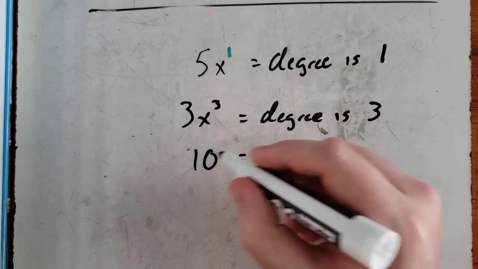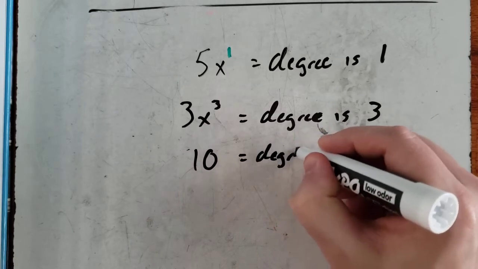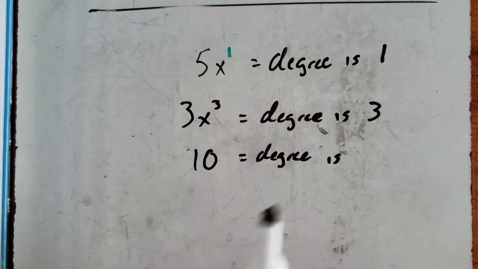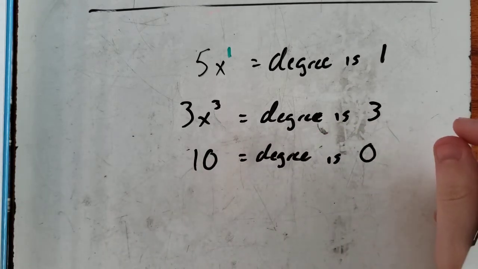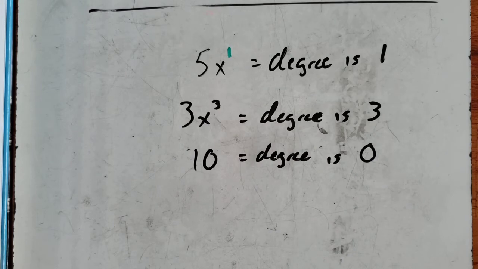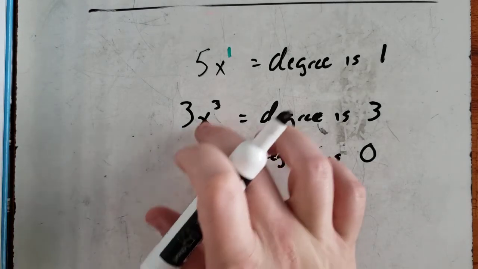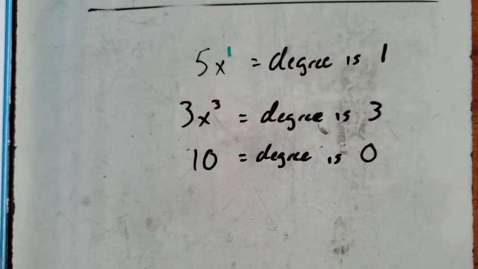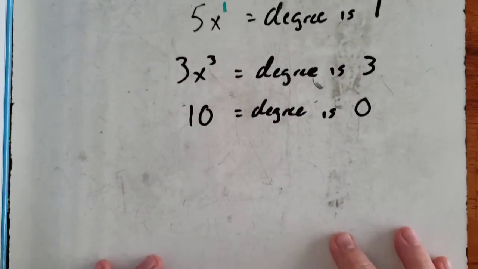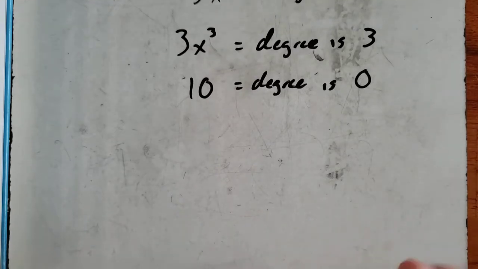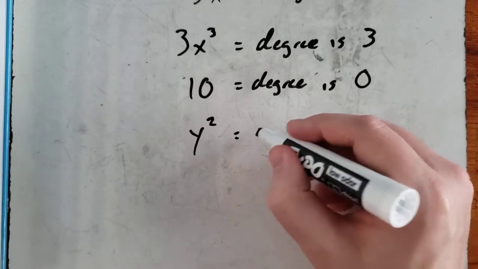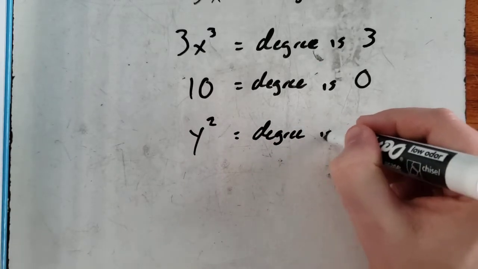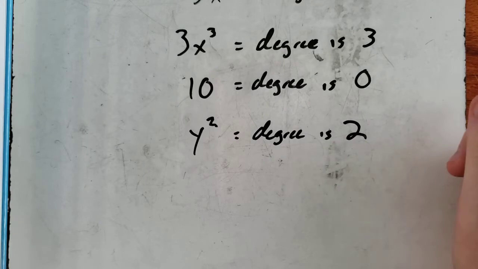If there's no letter, then your degree is 0. We're only looking at the exponents of the letters. So if you have y to the second, then your degree is 2.